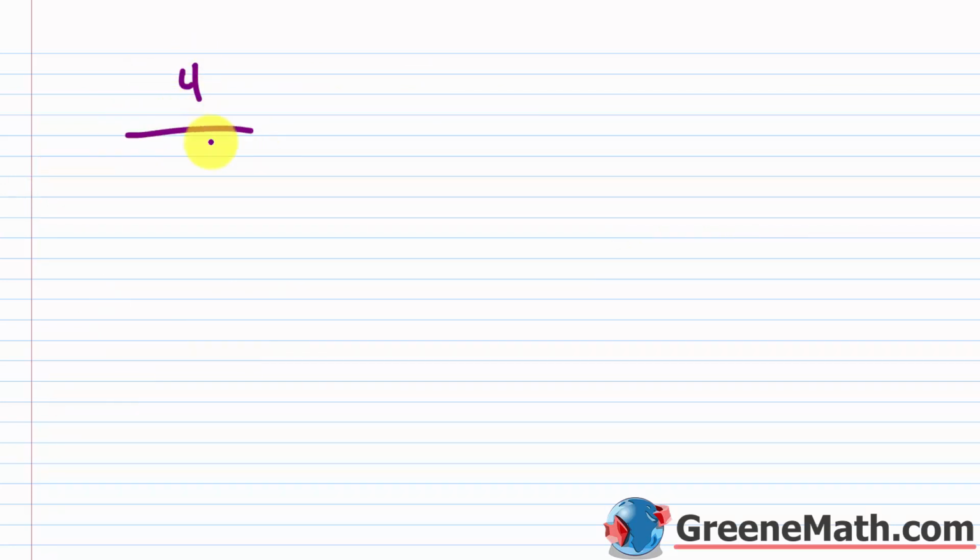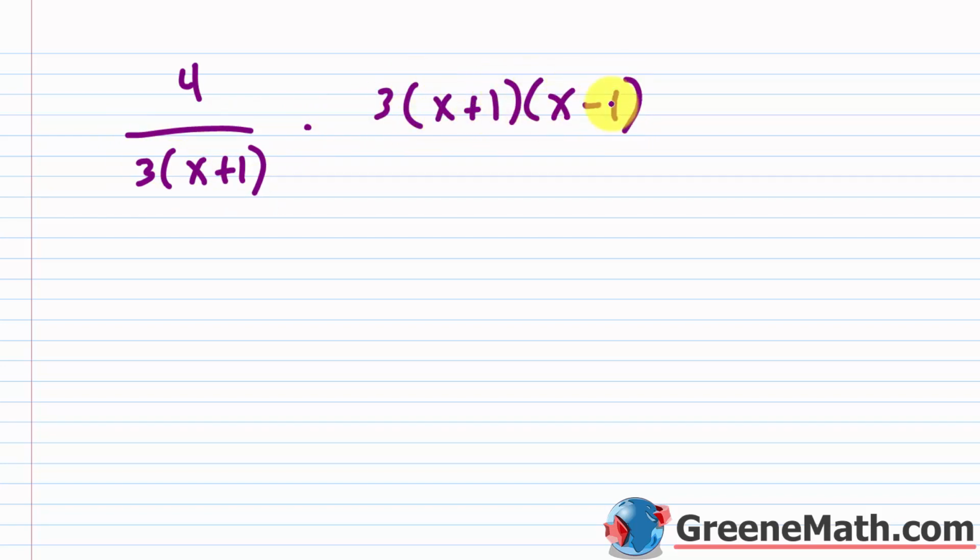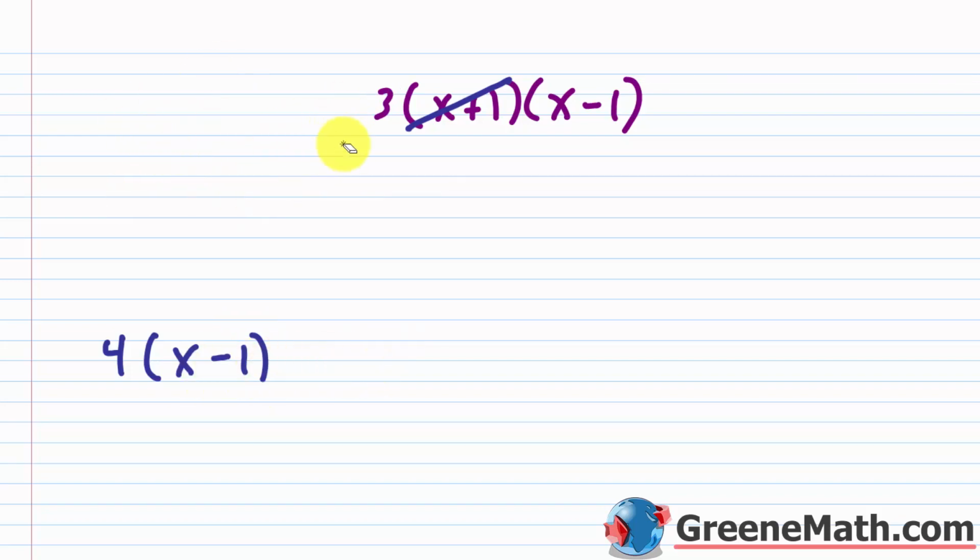Again, we're multiplying by 3 times the quantity x plus 1 times the quantity x minus 1. So what's going to cancel here? This 3 will cancel with this 3. This x plus 1 quantity will cancel with this x plus 1 quantity. And so we would have 4 times the quantity x minus 1. You can simplify that now or you can leave it. So let's just erase this. We're going to have this again, so let's just keep this so we don't have to keep writing it.